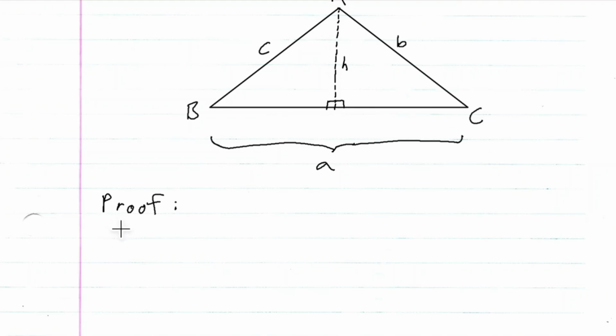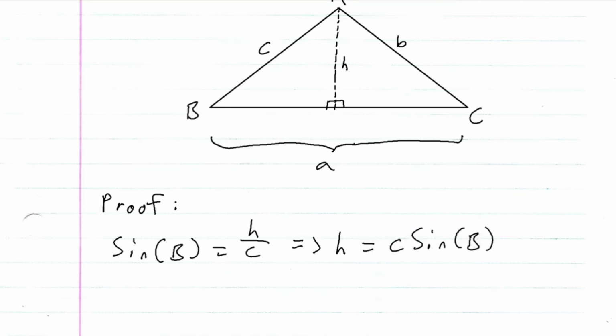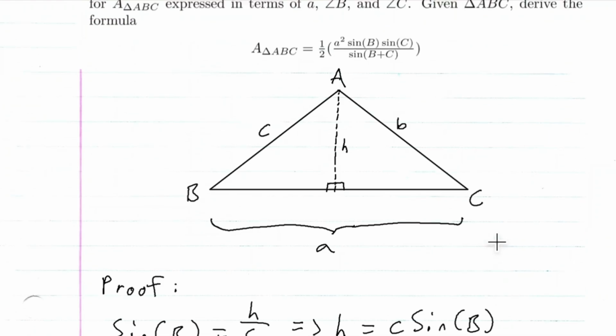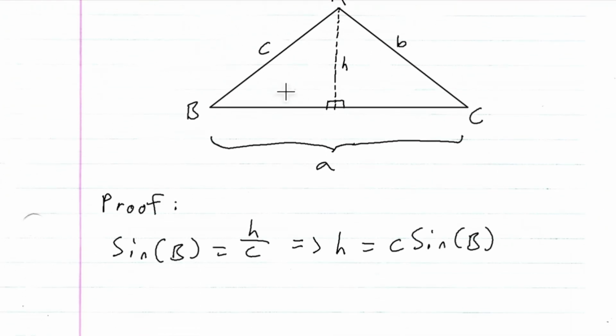I know sine of B is equal to H over C, right? If I solve for H, this implies that H is equal to C times sine of B.